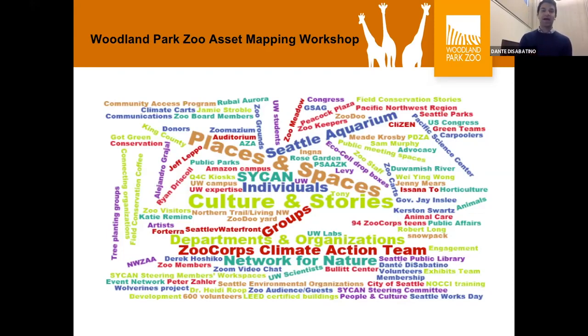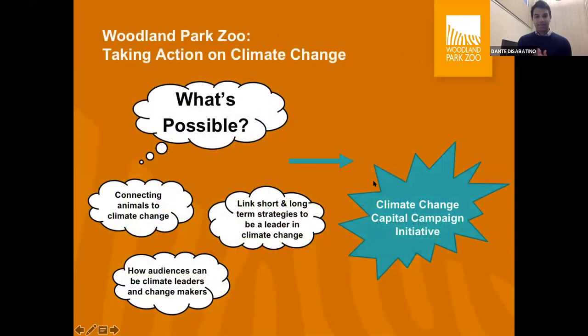If you go to the next slide, we also figured out the possibilities around all of the assets that we came up with. It helped us show that we can connect our animals to climate change, our audience to climate change, and also develop more of a strategy for how we can engage our communities better, linking short and long-term strategies around climate change and possibly being a leader.